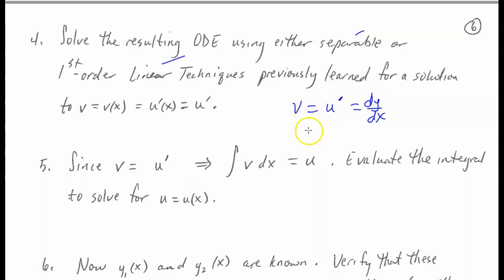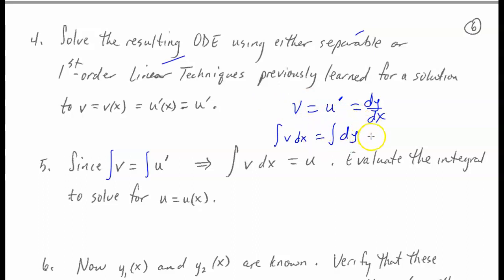So if that's the case, then if I wanted to find out what u is, I would just integrate both sides here. And to be technically correct with the math notation, if I multiply both sides by dx, what I would have is something like this. And then of course I would have du here, and I would have the integral there.